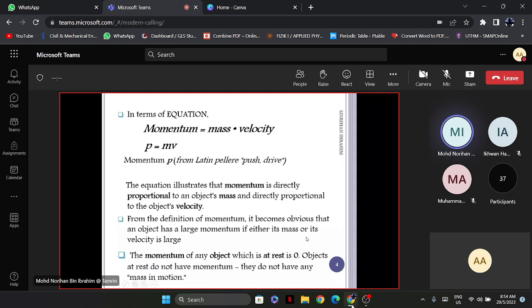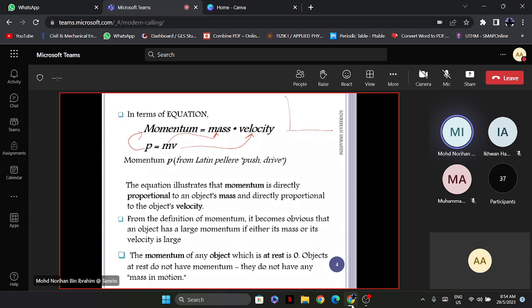The equation illustrates that momentum is directly proportional to object mass and proportional to object velocity. So P is momentum, m is mass, and v is velocity.